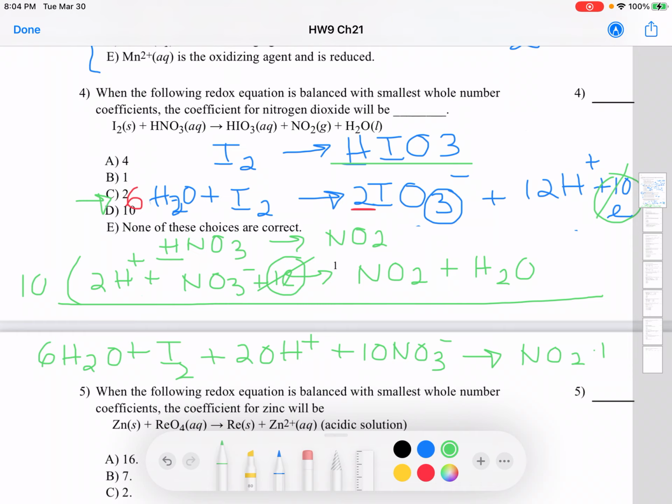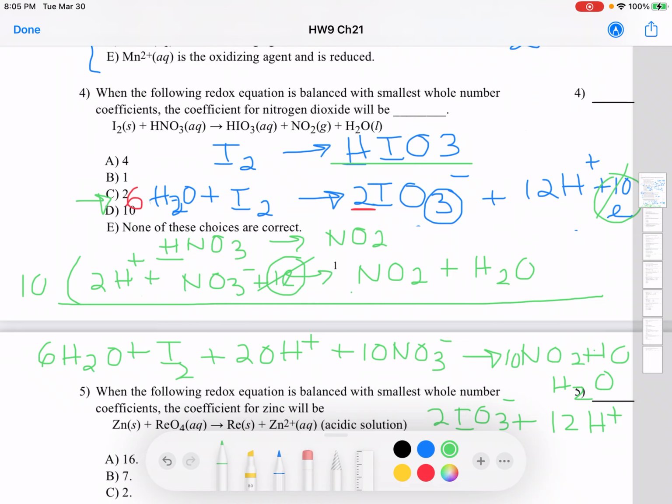And our products we have NO2. How many NO2s? 10 NO2s. 10 times NO2 plus 10 water molecules plus 2 iodate plus 12H plus.